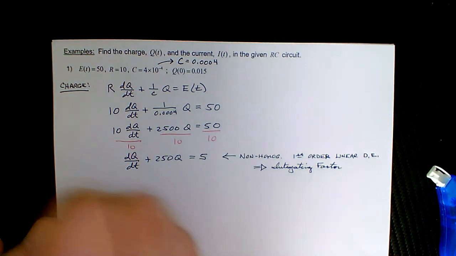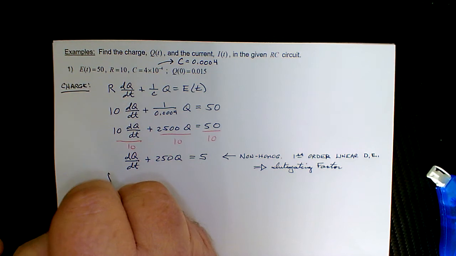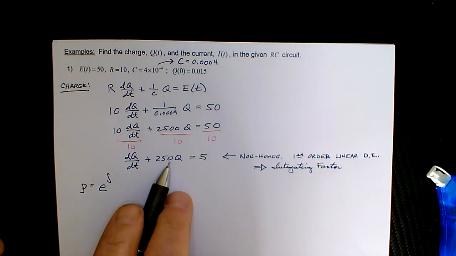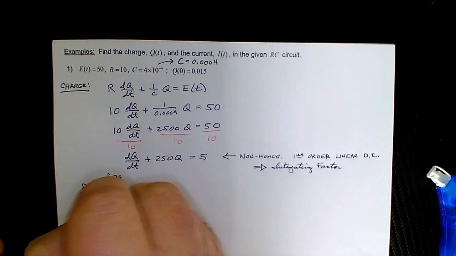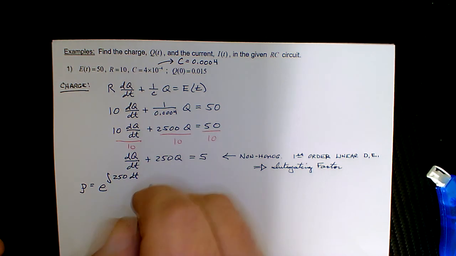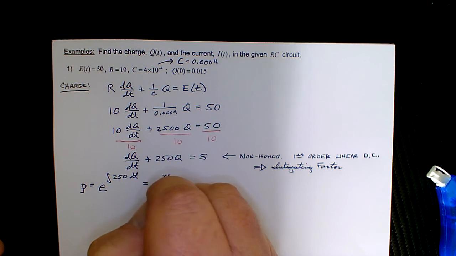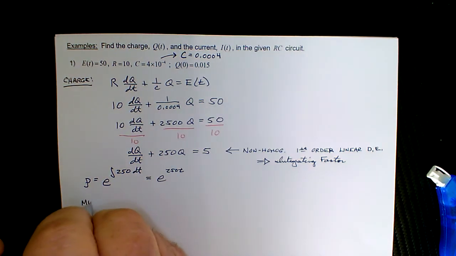So the integrating factor rho is e to the integral of, this would be p of t, the coefficient of q, which is 250 with respect to t. And so that gives us e to the 250t. So then we multiply.